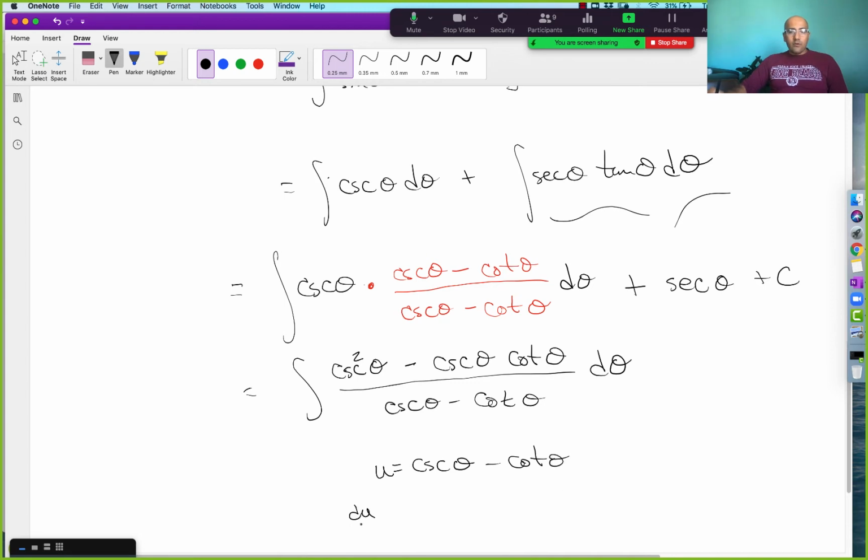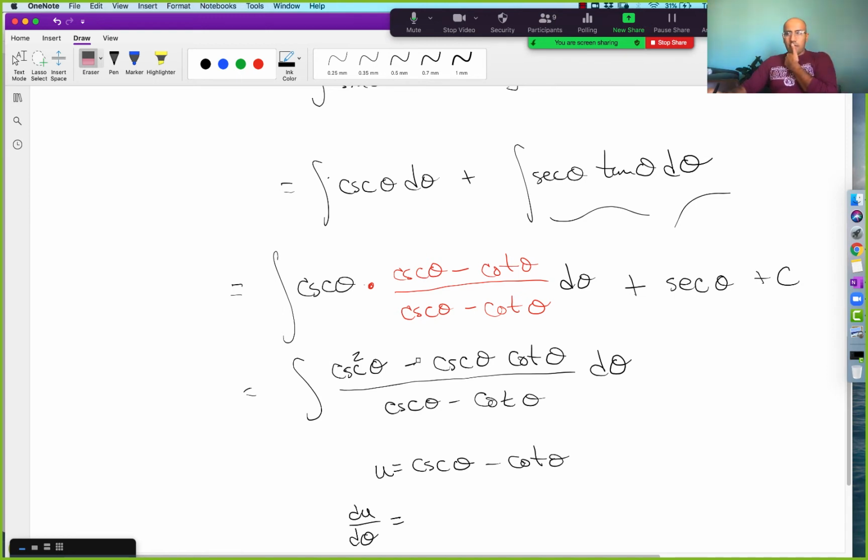And du d theta, the derivative with respect to theta, of cosecant theta is cosecant squared theta minus, and then the derivative of cotangent theta is, oops, I'm off by a negative. Hang on, give me a second.